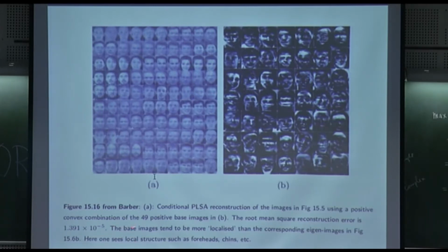In the localized base images here, one sees more local structures like foreheads, chins, etc. The base images tend to be much more localized than the corresponding eigen images. So these are the eigen images, these are the base images, and in the base images what you're trying to do is focus on various parts of the face, as opposed to an eigen image that lives everywhere.